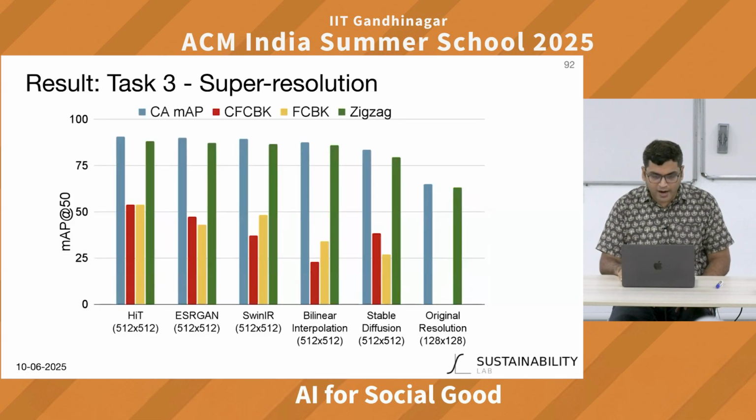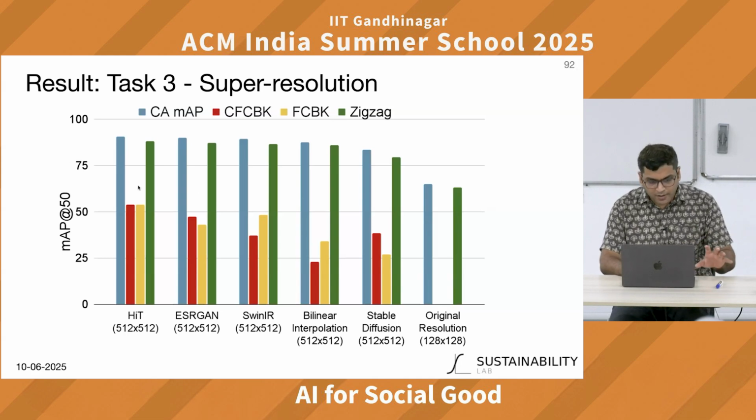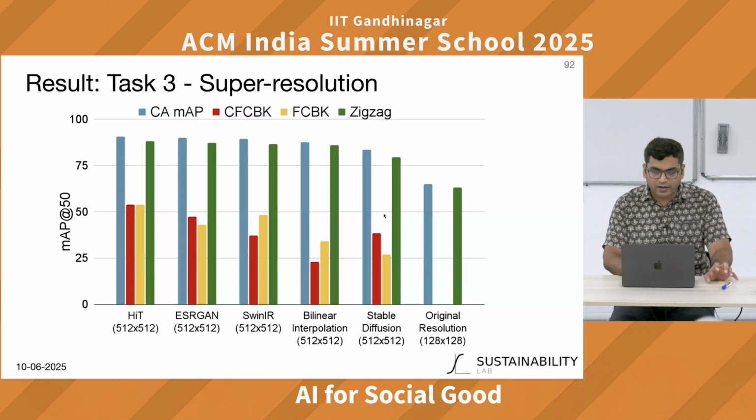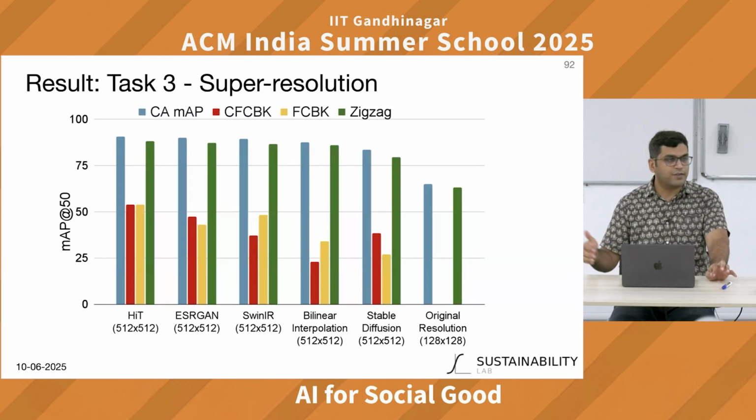And then when we looked at the super resolution results, you can see that compared to the original resolution, the results are better, which is perhaps surprising, that we are able to get quite a bit of a performance gain by just leveraging state-of-the-art super resolution methods. Importantly, when we are doing these super resolution methods, we are just doing the forward pass.